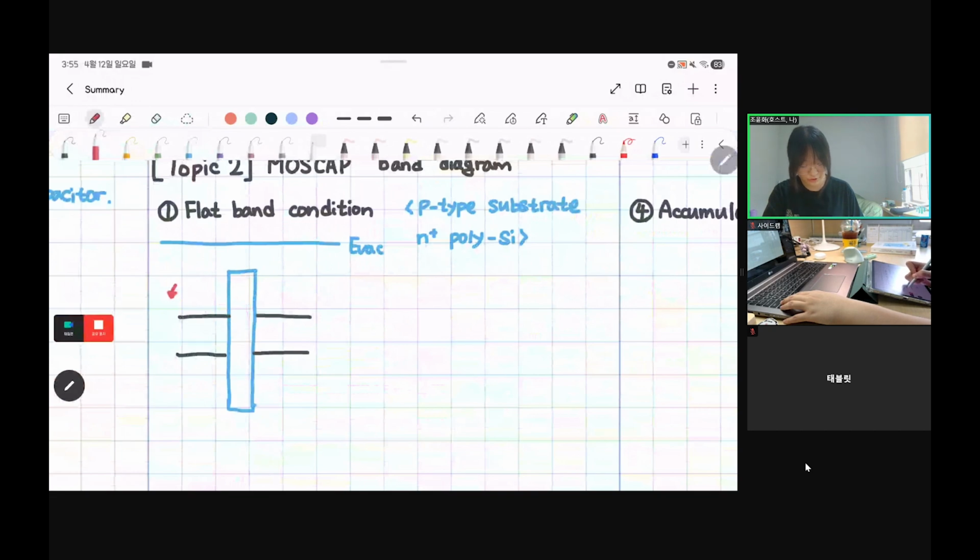So we can draw the Fermi level like this. But in this case, it's just P-type doped, so we can draw the Fermi level like this. So this is a flat band condition band diagram.